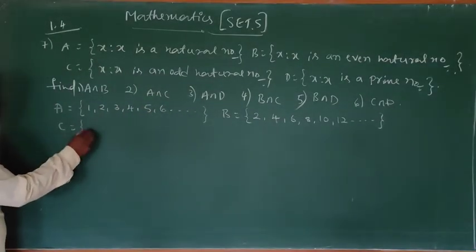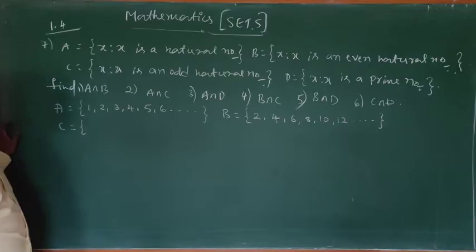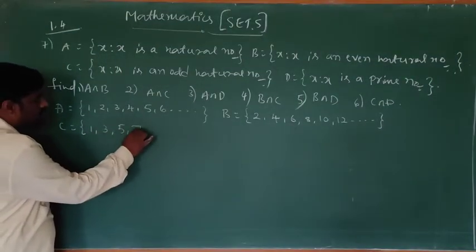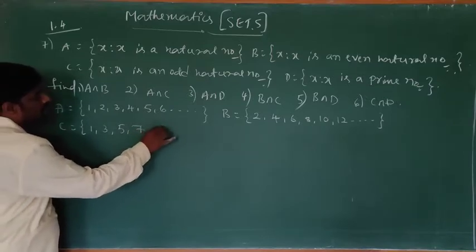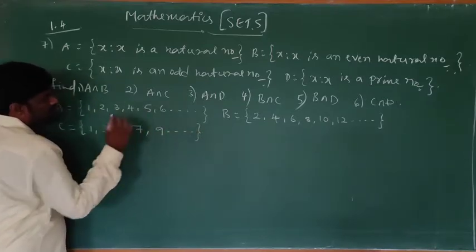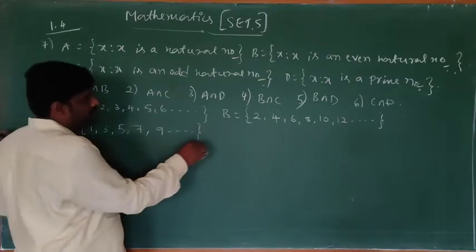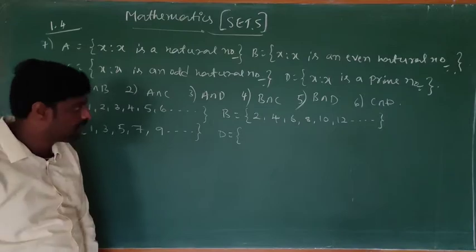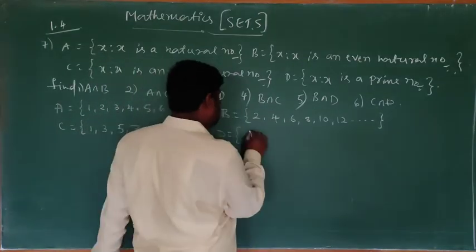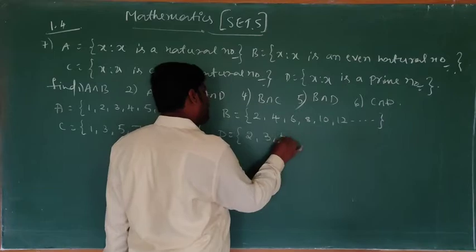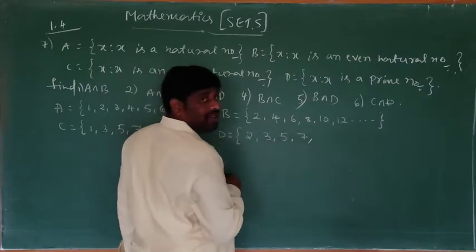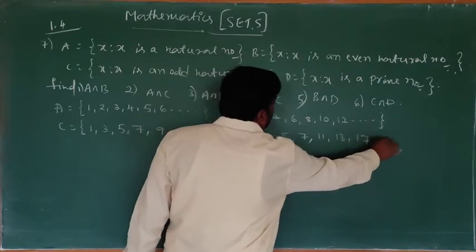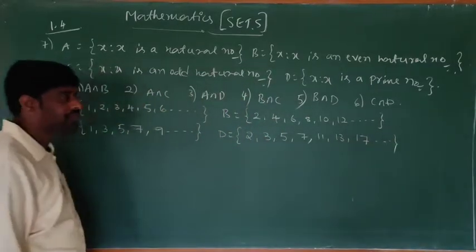C is equal to {x : x is an odd natural number}: 1, 3, 5, 7, 9, and so on. D is equal to {x : x is a prime number}: 2, 3, 5, 7, 11, 13, 17, and so on.